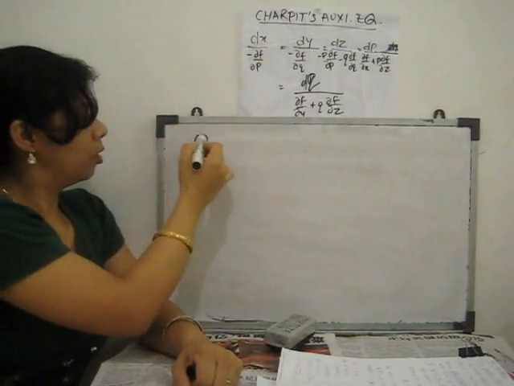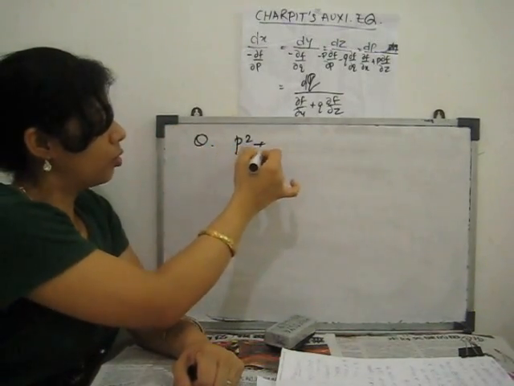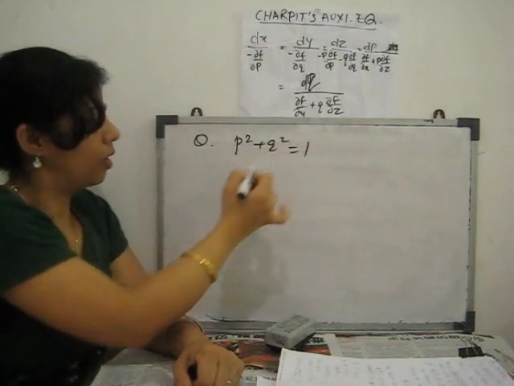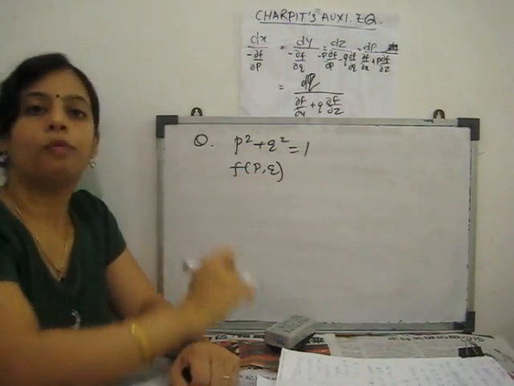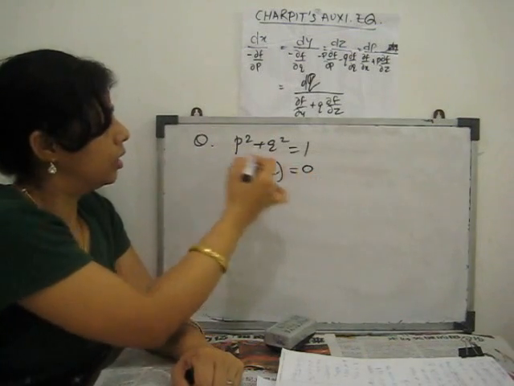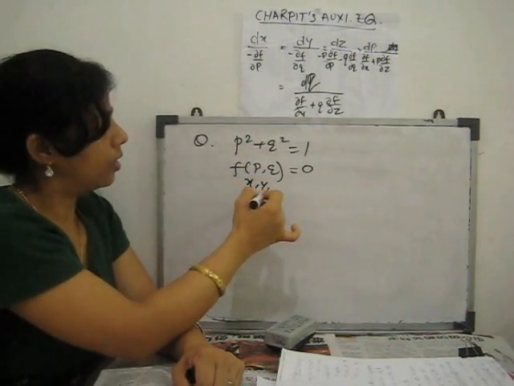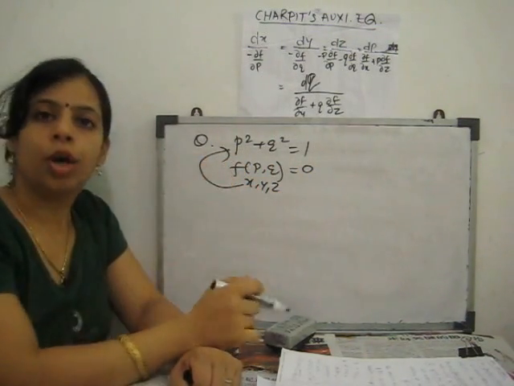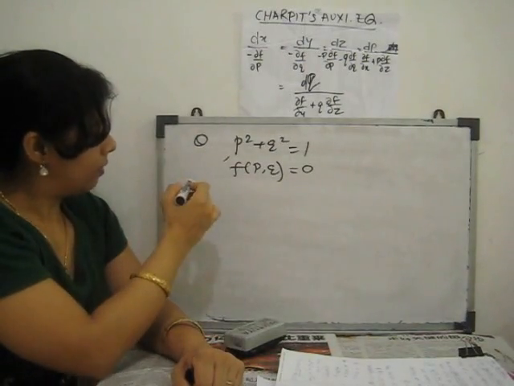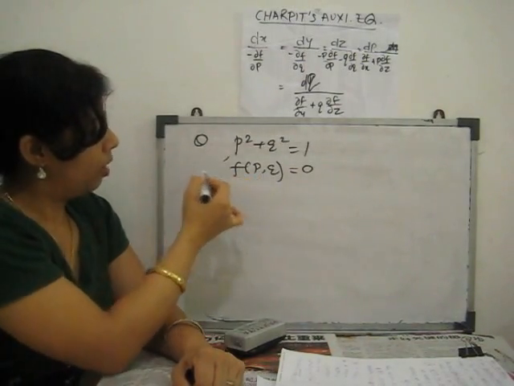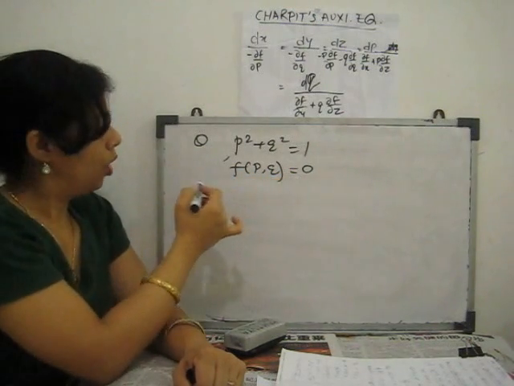If we have the question p square plus q square equal to 1. See, this is in f(p, q) form because x, y, z is not available. If x, y, z is not available, then we say this is in the form f(p, q) equal to 0.